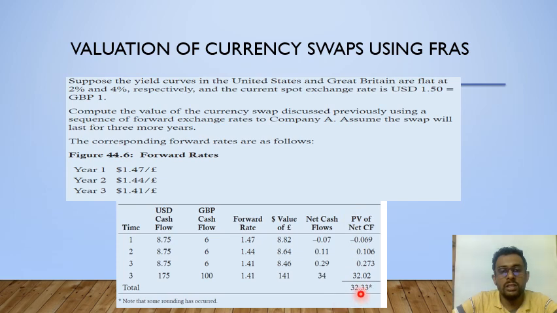This gives us 32.33, which is the value of our currency swap. This is one way to find the value of the currency swap using forward rates. Finding the forward rates is very simple when interest rates and the spot rate are given, but that is a whole different discussion. This is slightly different from what we computed using the earlier method, but that is due to rounding off.